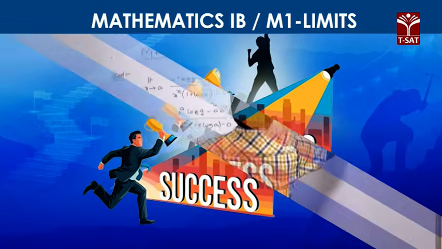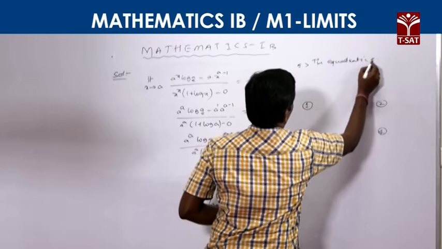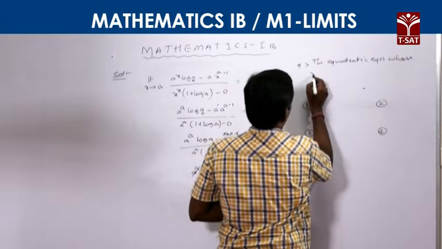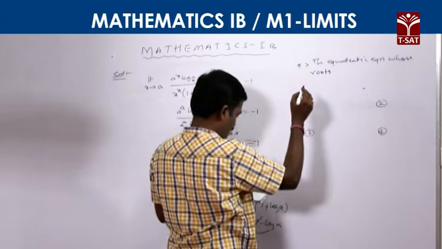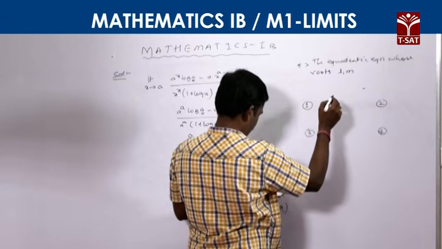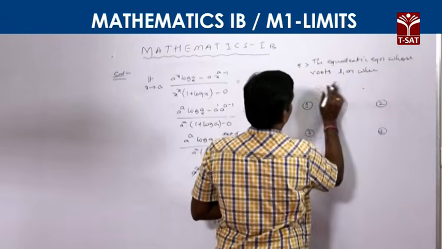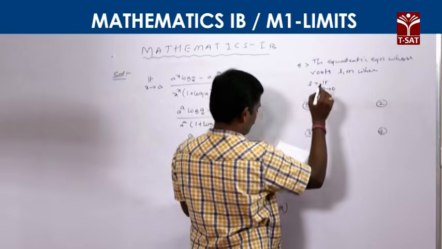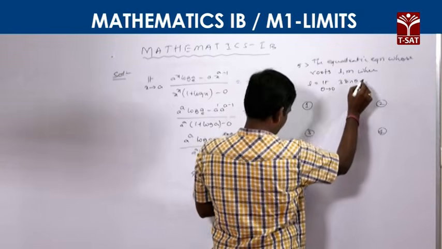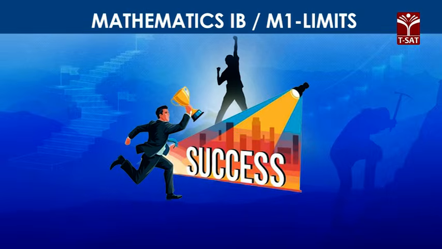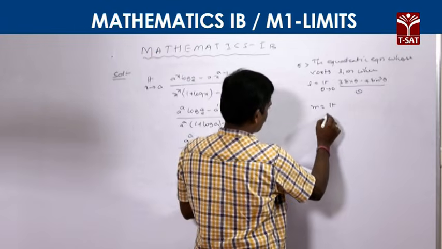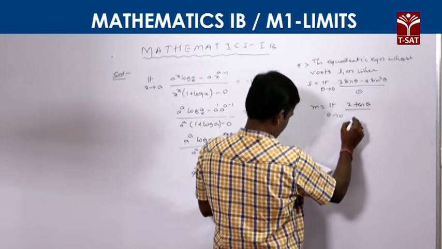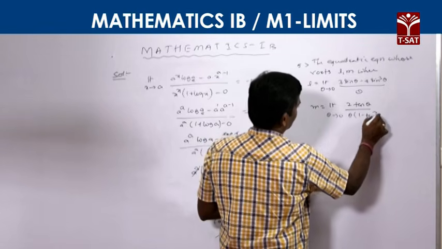The quadratic equation whose roots are L, M, where L equals limit theta tends to 0, (3 sin theta minus 4 sin cube theta) by theta, M equals limit theta tends to 0, 2 tan theta by theta into (1 minus tan square theta).